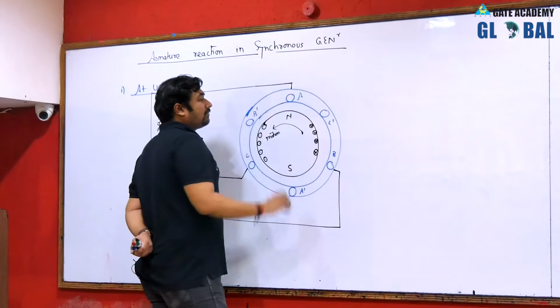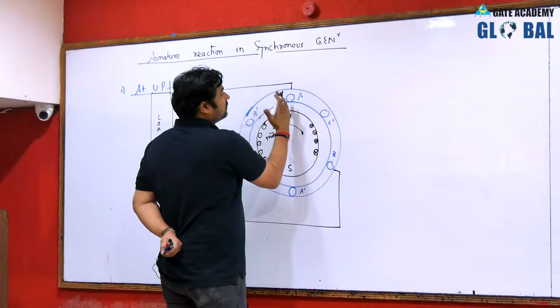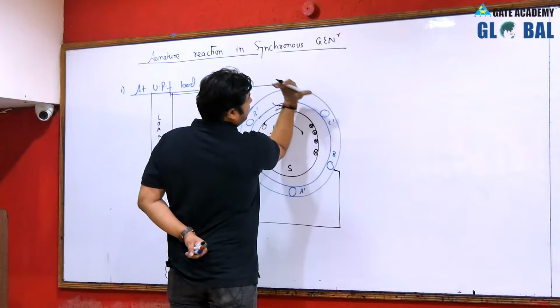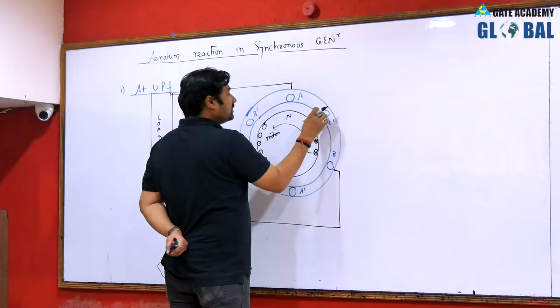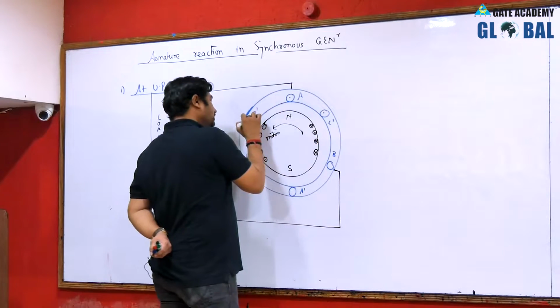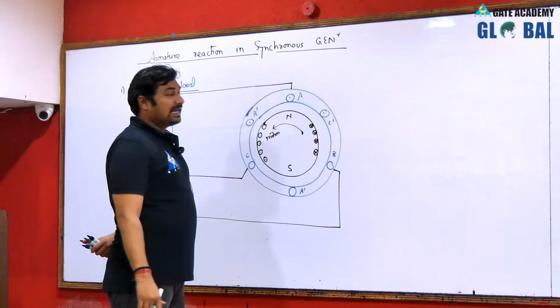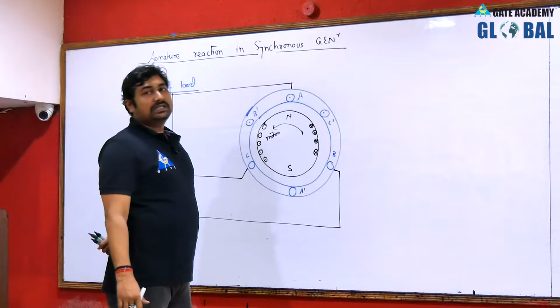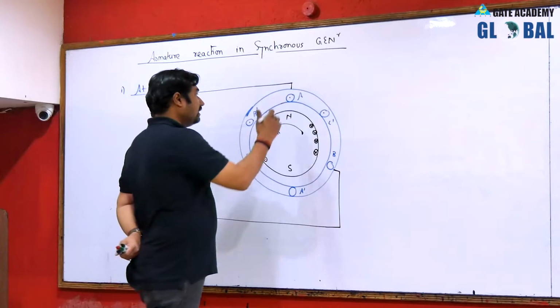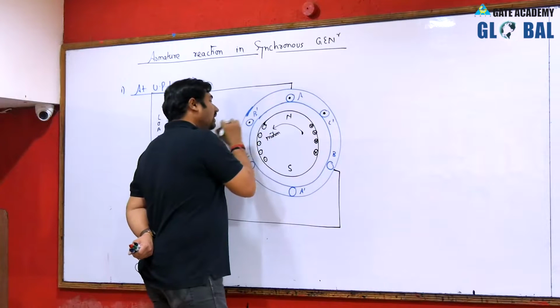To find the polarity of the induced EMF, stop the field and rotate the conductor in the opposite direction. These conductors are under the influence of north, so they will induce EMF in such a way that the polarity of induced EMF can be marked in terms of current flowing into the conductor.